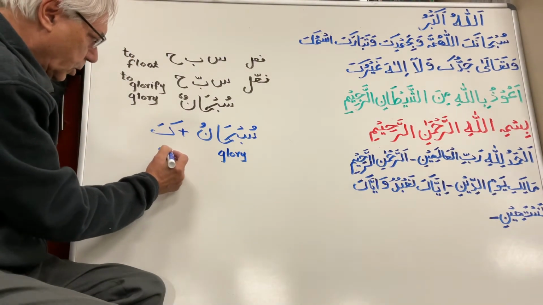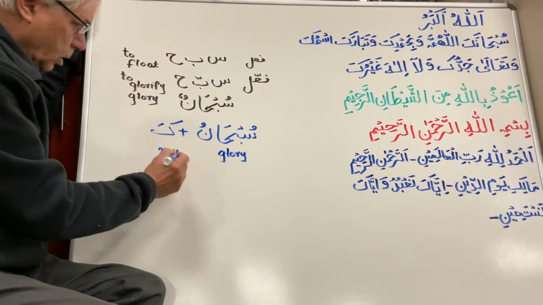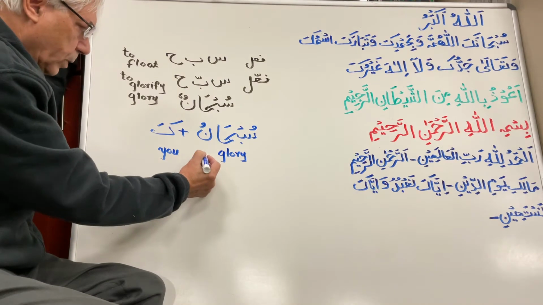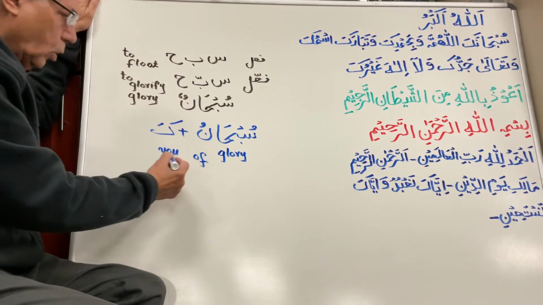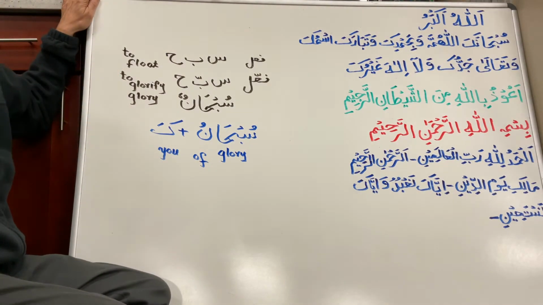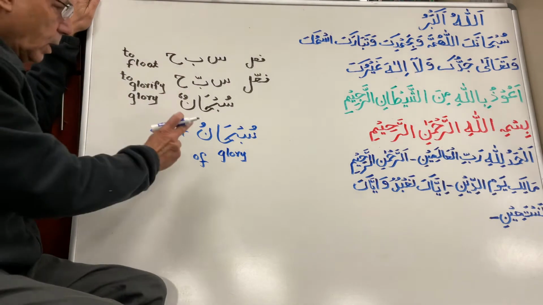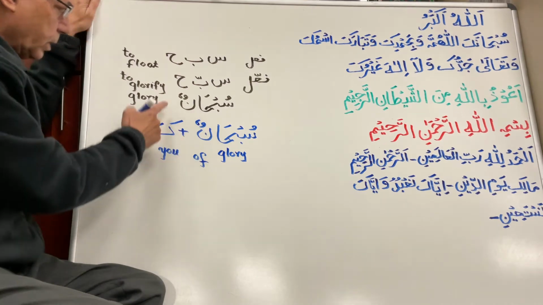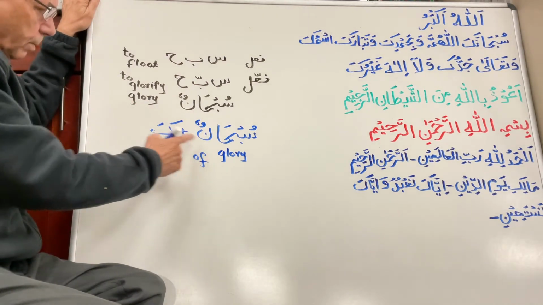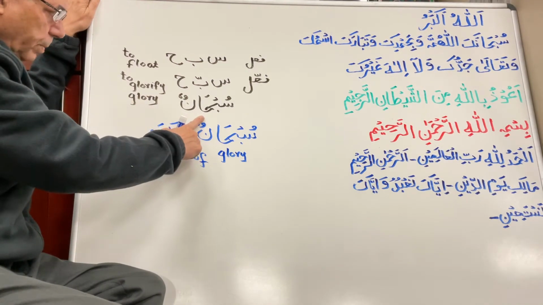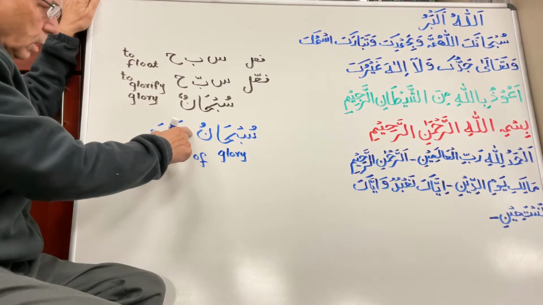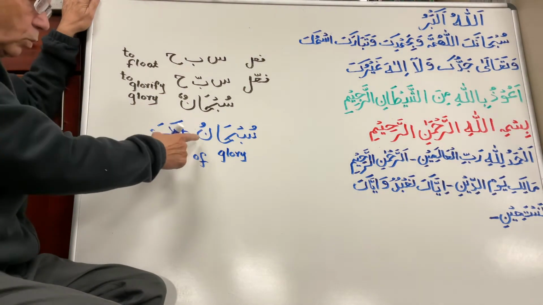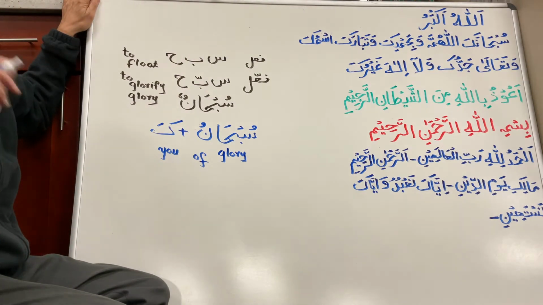This is one person, you. So what is the rule of combining these two? If I put of in between, it will be glory of you or your glory. So this was subhanun to start with. The rule is that when we combine these together, one pesh goes away and the pronoun doesn't change. So the final word will be subhanoka.